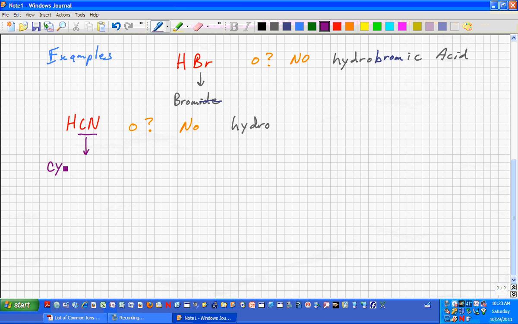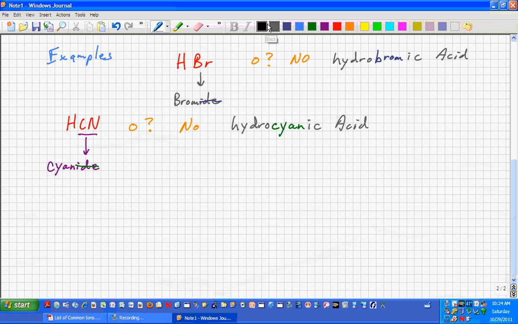It's the cyanide ion. So again, I'm going to drop that IDE. You know what, I should probably put that in lowercase. So I put CYAN in there, hydrocyanic acid.